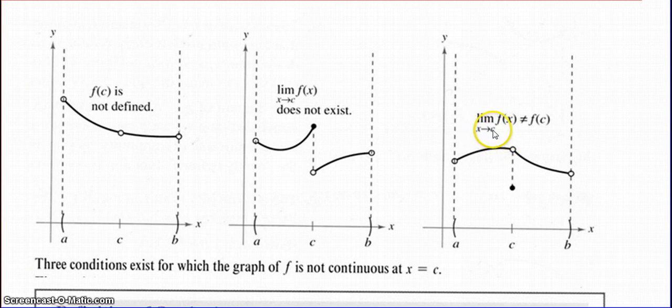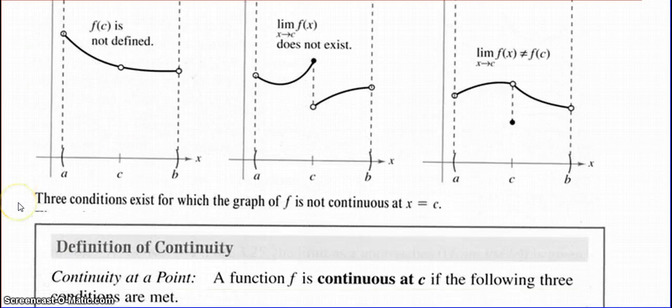If the limit exists, but it does not equal the function at c, then the function is not continuous at c. One thing I want to clarify: when we're talking about continuous, we're talking about continuous at a specific point. If I look back at this graph, the function is continuous between a and c, and between c and b. It is just not continuous at c.